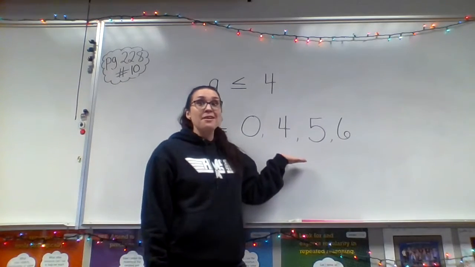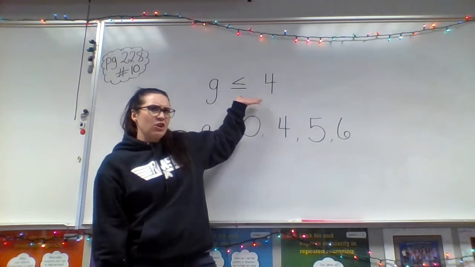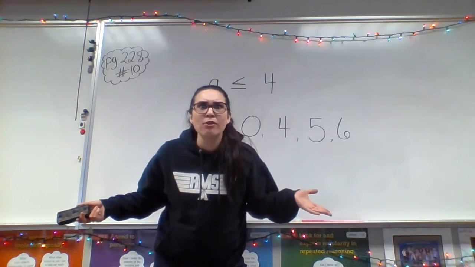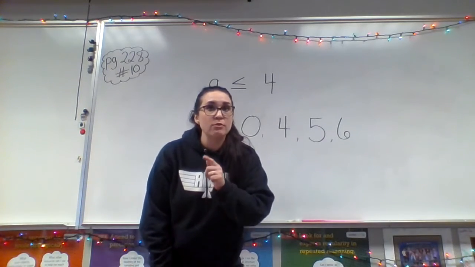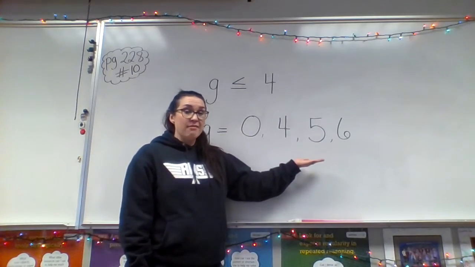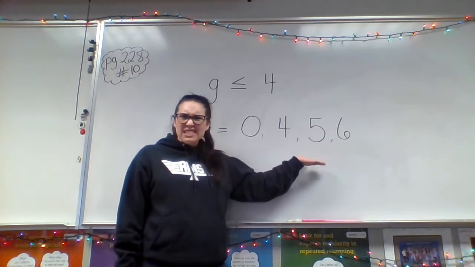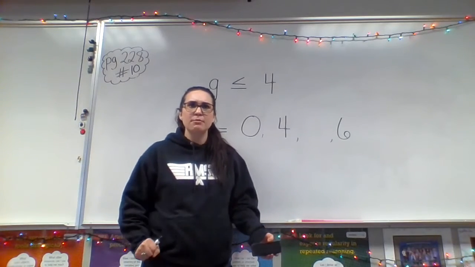Let's look over here. Now we have 4. True or false? Is 4 either less than or equal to 4? Yeah, of course it is, right? Therefore, my friends, we're going to keep that 4 around. Now, let's look at 5. Is 5 either equal to 4 or less than 4? Of course not. Therefore, we're getting rid of it. All right, let's look at number 6.